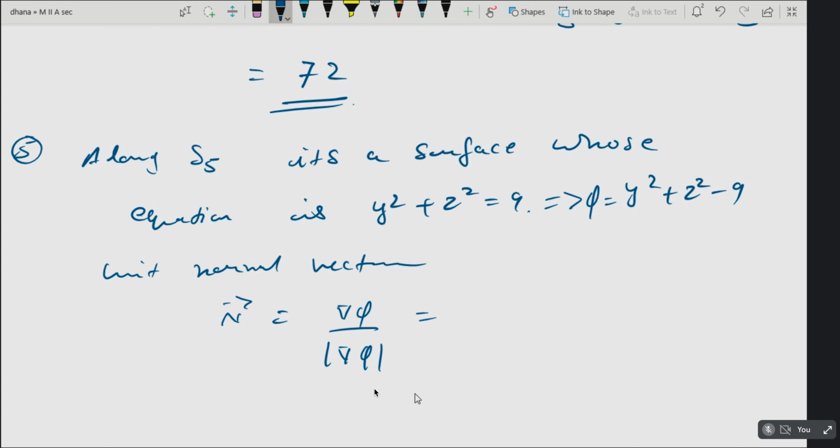But do you find any x variable here? No. When you differentiate this function with respect to x, you will not get anything, so no i cap. What you will get is 2y j cap plus 2z k cap. And the denominator is 2 into root over y square plus z square.